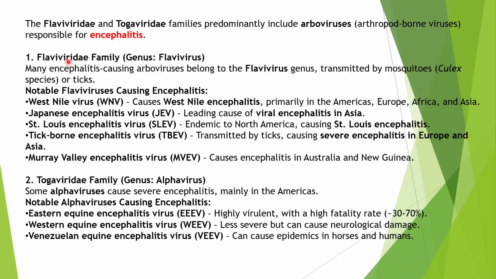Then Flaviviridae family, just now we discussed, has the genus Flavivirus, and many encephalitis-causing arboviruses belong to the flavivirus genus, and they are again transmitted by mosquitoes, but this is by the Culex species, and it can also be transmitted by ticks. The notable flavivirus, so I'm talking about Flavivirus.